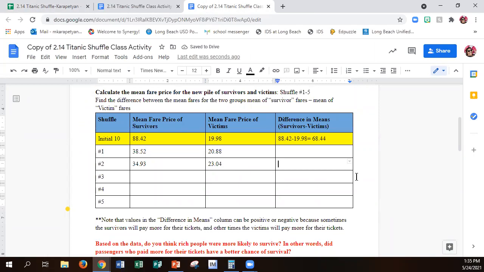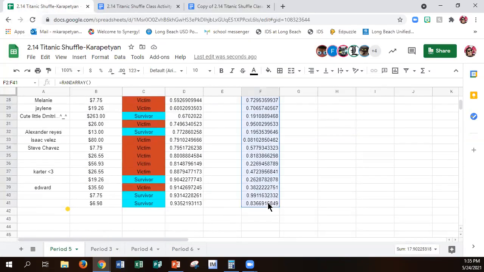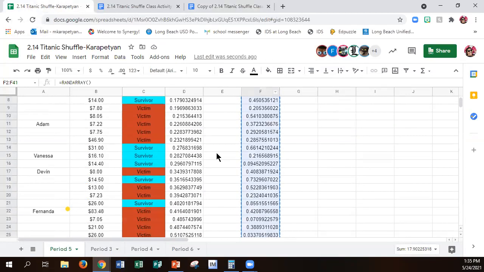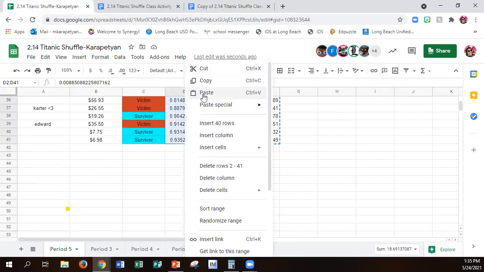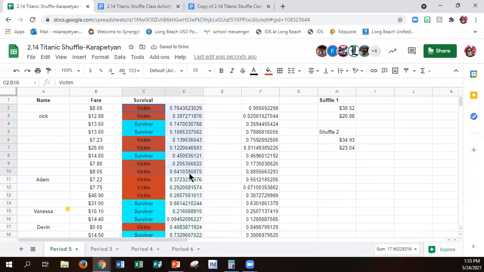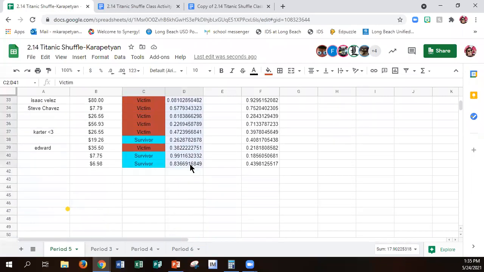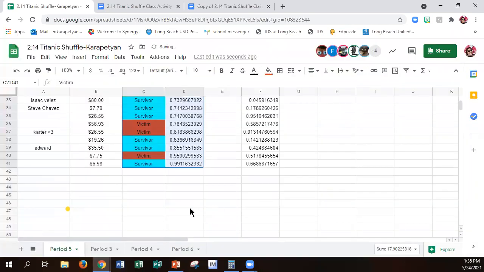Go ahead and calculate the difference in the mean there. I'm going to go ahead and shuffle again. We're shuffling one more time.